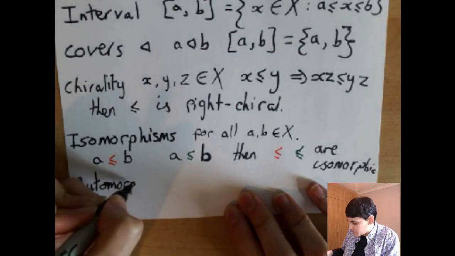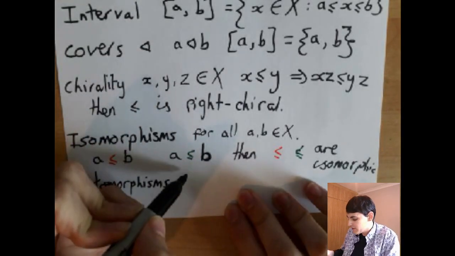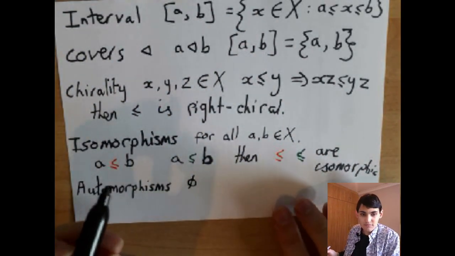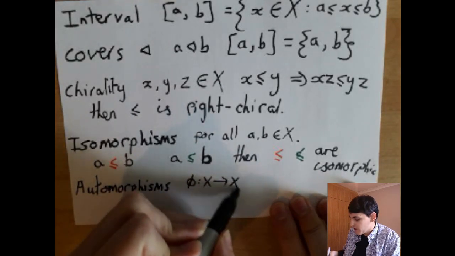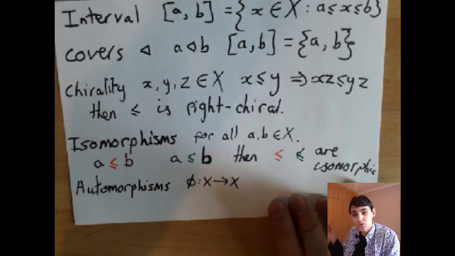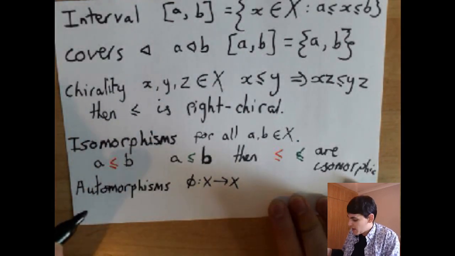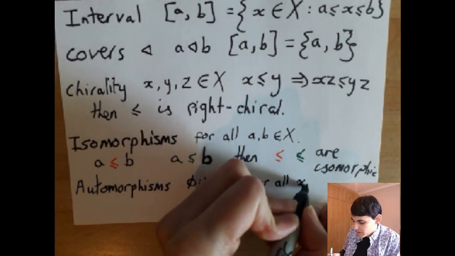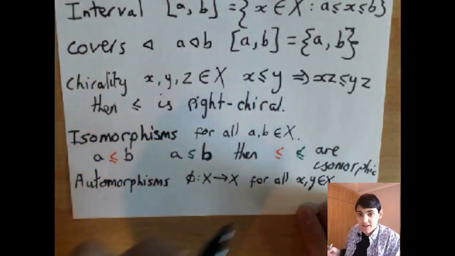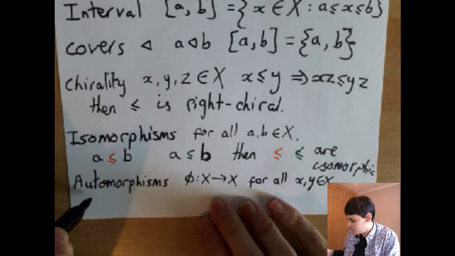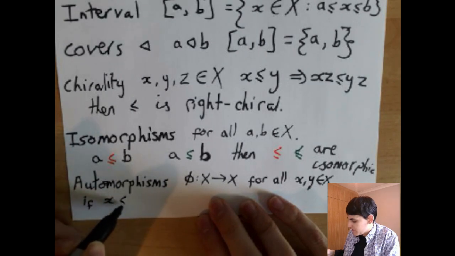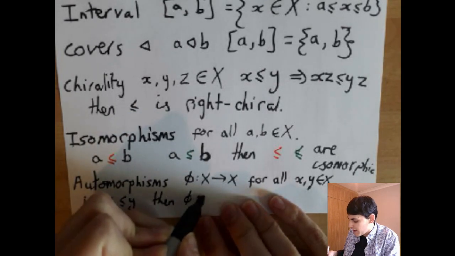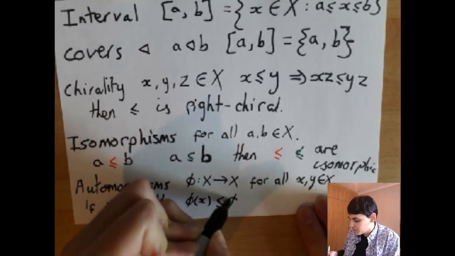And then finally, we have automorphisms. These are functions phi, or whatever you want to go with, so phi goes from X to X. And phi is an automorphism of a partial ordering if for all x and y in X, if x is less than or equal to y, then phi of x is less than or equal to phi of y.